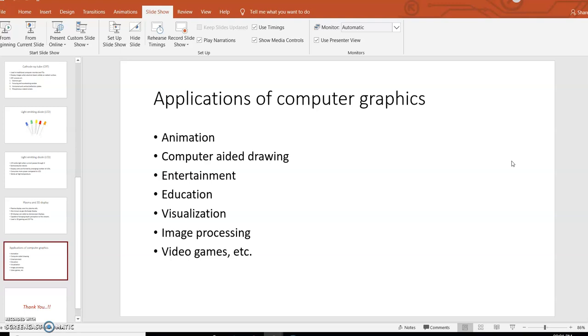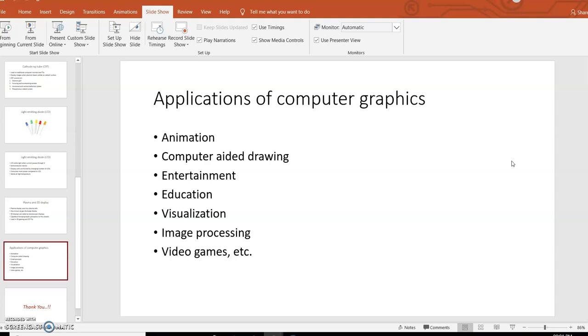Maybe it is a movie, maybe he is watching some kind of animated movie. The computer graphics designer or engineer develops the content in such a way that the end user will experience a realistic view. Okay, so this is the thing. Video games, image processing. So I have listed the applications of computer graphics.